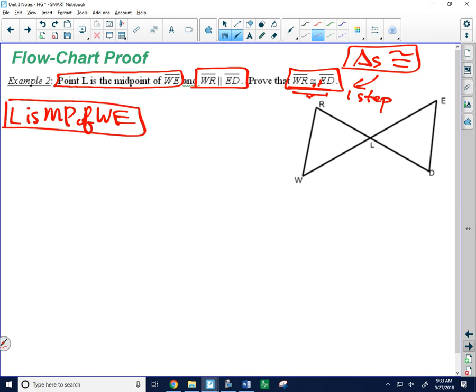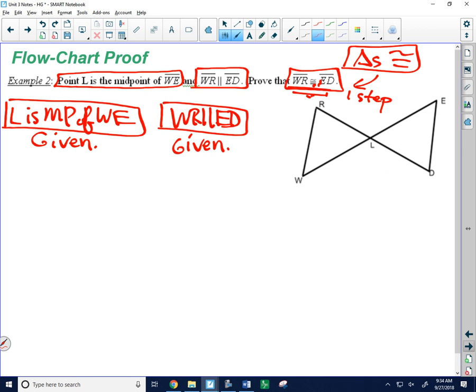You can go down if you want. You might go right a little small or go across. Do you remember we read the reason below it here? Yeah. Okay, and then every given is separate, right? So WR, it's a separate box here. WR parallel to EB. Given.